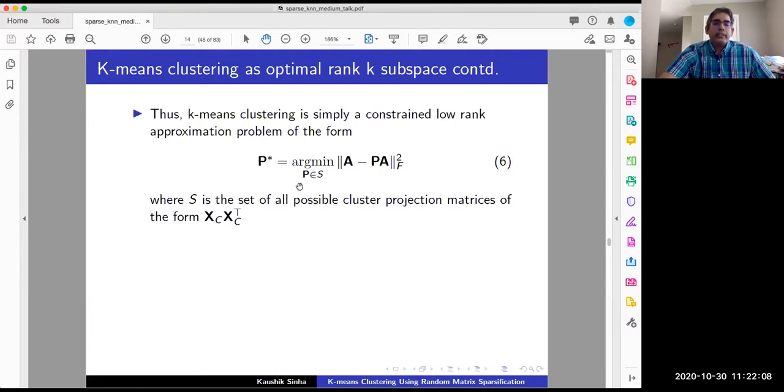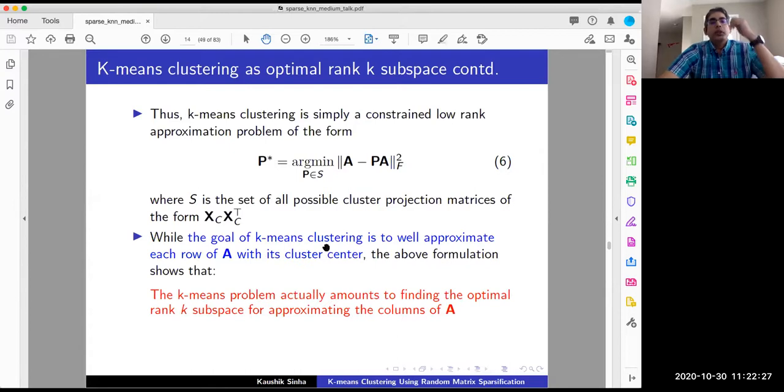And here's the catch: S will be the set of all possible cluster projection matrices of the specified form X_C times X_C transpose, because this form is required since at the end we want to get back a clustering solution. We don't want to assign each point to more than one cluster. Typically, when each row is as close as possible to its corresponding cluster center, the objective function will be minimized.